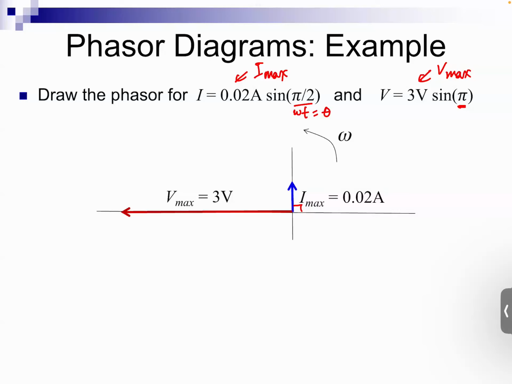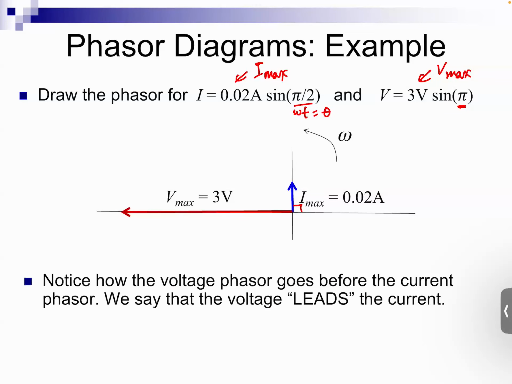The current and voltage phasors rotate anti-clockwise through time. So although these are drawn stationary, their orientation will actually change through time as the phasors rotate.